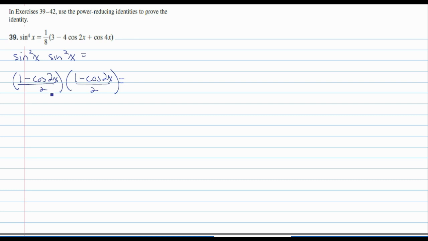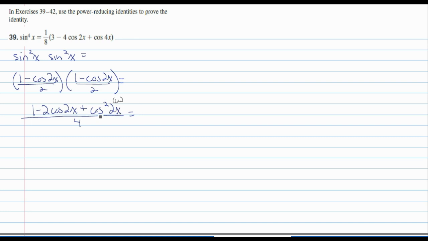So I'm going to multiply the numerators and denominators again. I get 1 minus 2 cosine of 2x plus cosine squared of 2x, all over 4. Here we go again. I've got another situation where I need to use my power reducing formula, but this cosine squared isn't just of something, it's of 2x. So u is going to be the expression 2x.